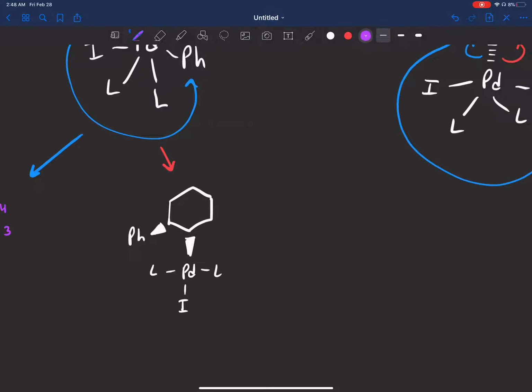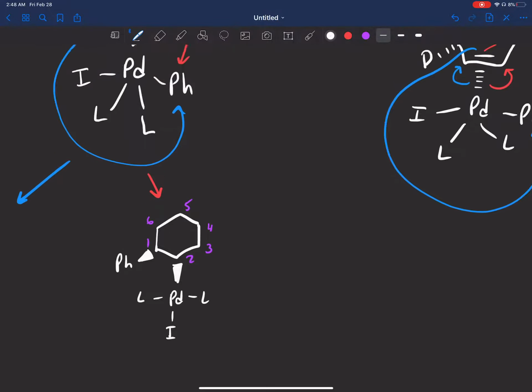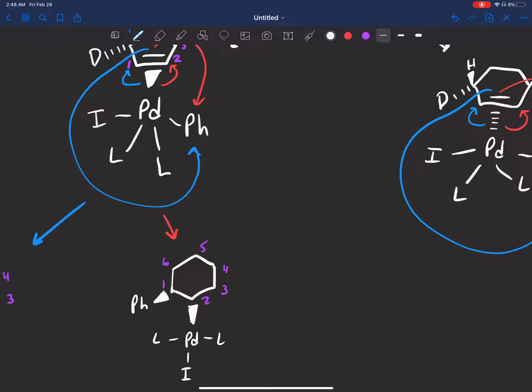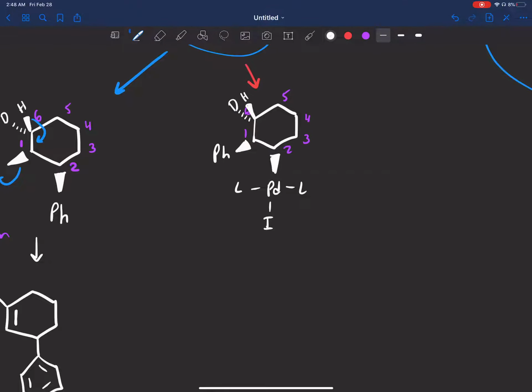Ph plus the numbering, carbon 1, 2, 3, 4, 5, 6. Now my hydrogen and deuterium are on carbon 6. But remember, we've got to kick out our metal. That's essentially our leaving group now. So I don't care about these hydrogens because they're not close to my leaving group. They're closer to the phenyl, which we do not want to kick out.